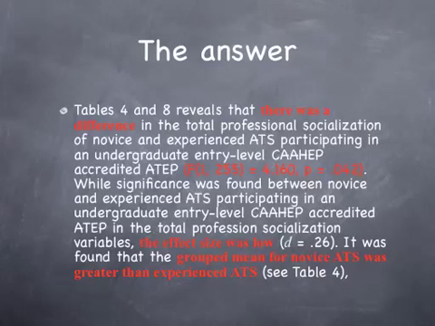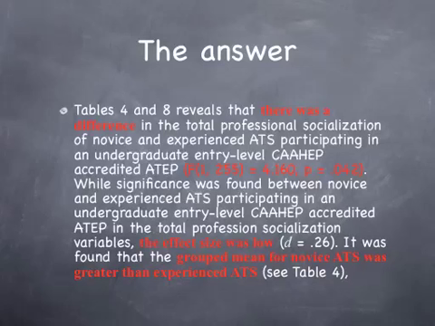And then I had to qualify something. It says, while significance was found between novice and experienced athletic training students participating in the undergraduate entry-level CAATE accredited athletic training education program in the total professional socialization variables, the effect size was low, with a d equal to 0.26.